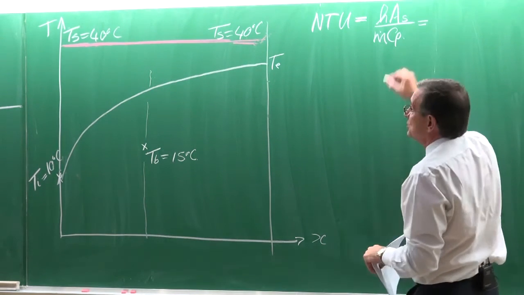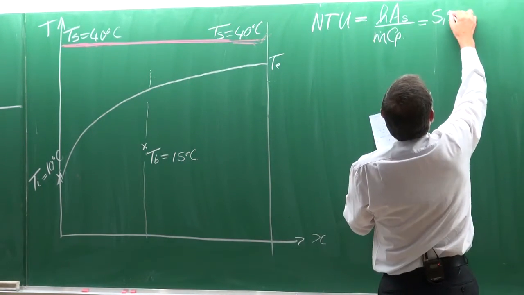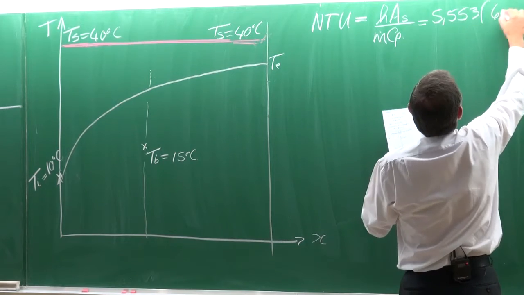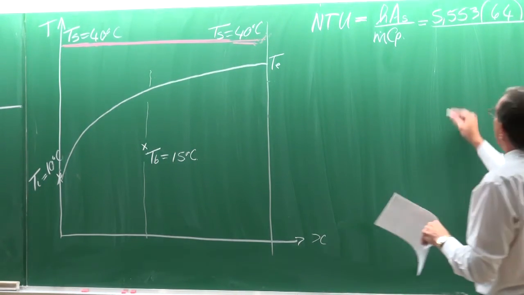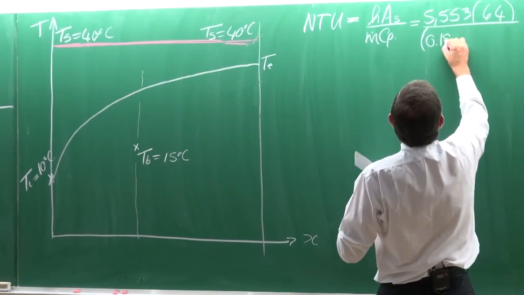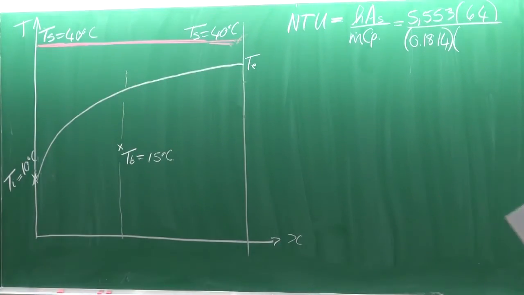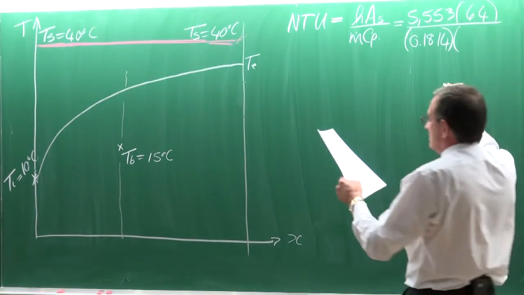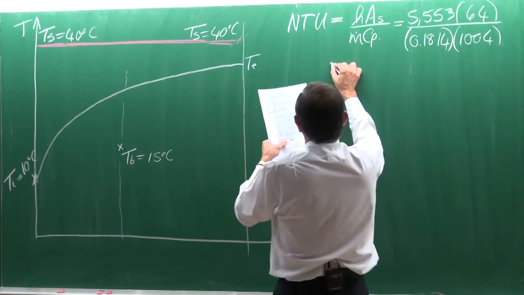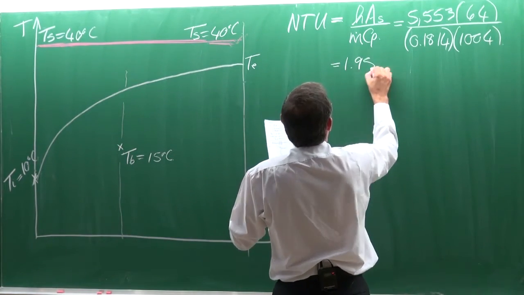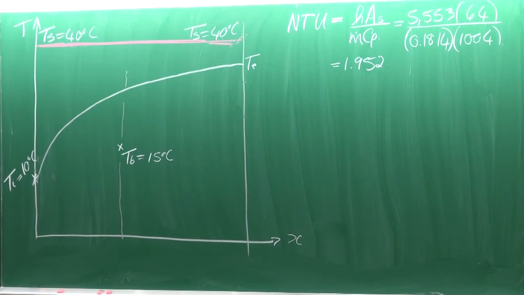The heat transfer coefficient we've calculated as 5.553 multiplied by the surface area 64, divided by the mass flow rate, 0.1814, multiplied by the CP, which is 1004, and this is equal to 1.952.